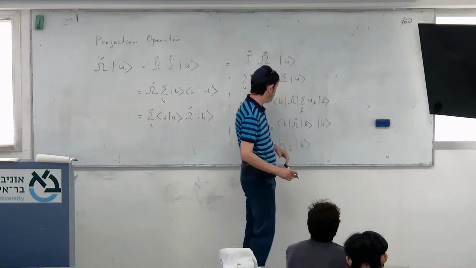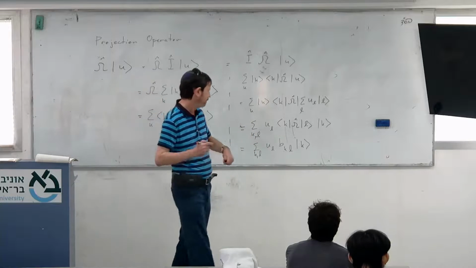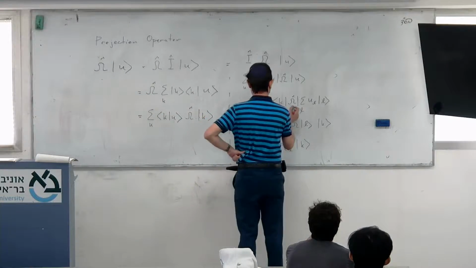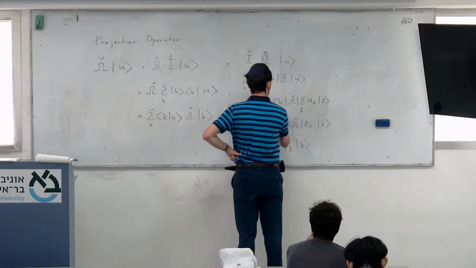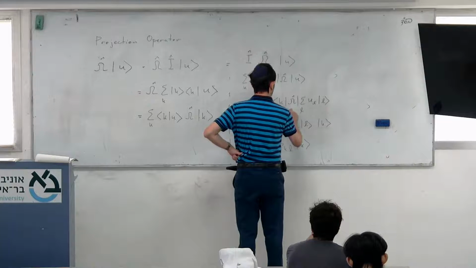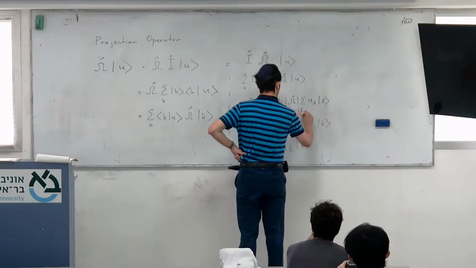Let's do an intermediate step here. So I'm rewriting it as the sum over k of u_k times k omega.